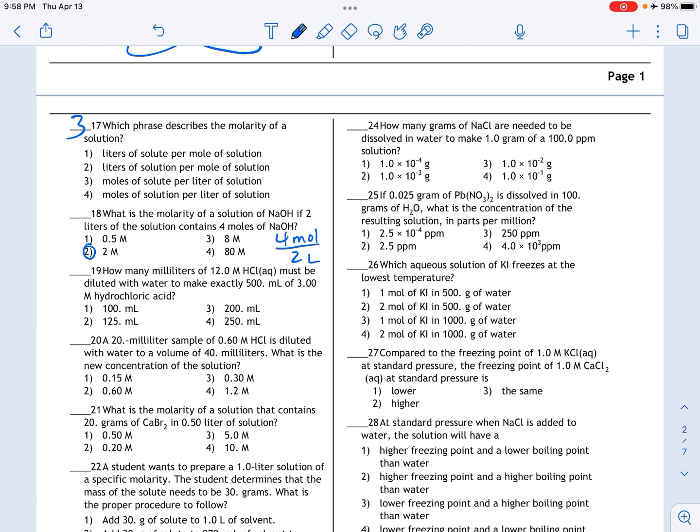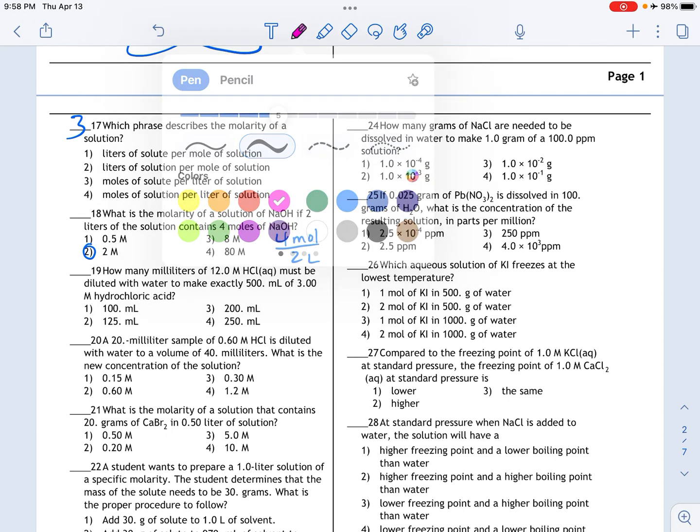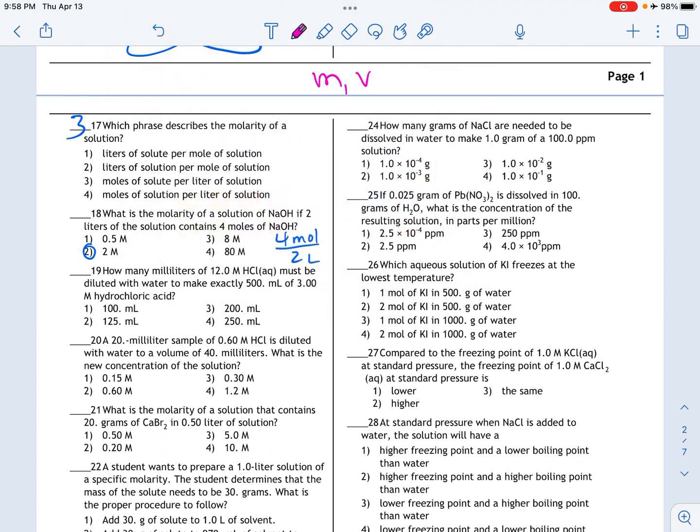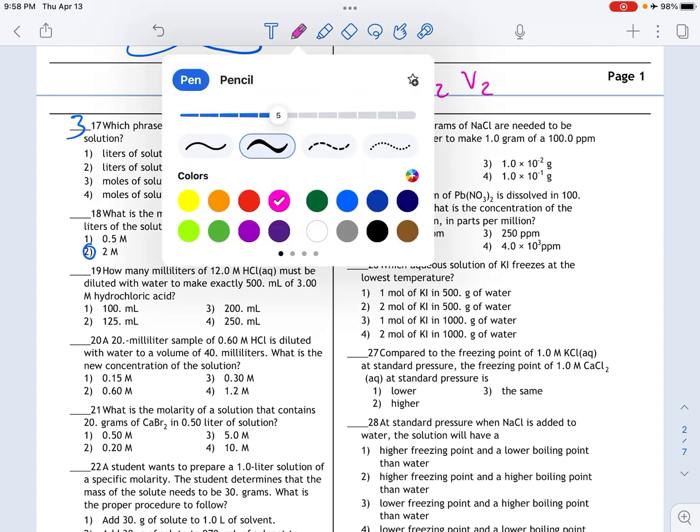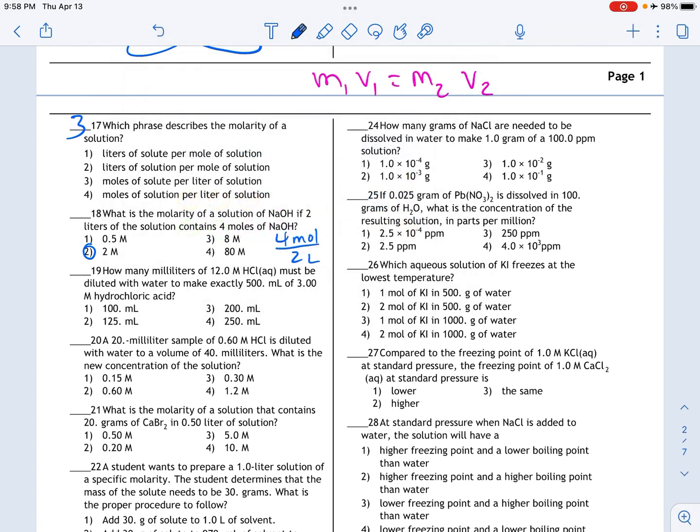Now, the dilution formula. That's not on the reference table, but it's M1V1 equals M2V2. How many milliliters of our 12 molar HCl solution must be diluted with water to make exactly 500 milliliters of a 3 molar HCl solution? So our greater molarity is our M1, and this is our lesser molarity, M2.